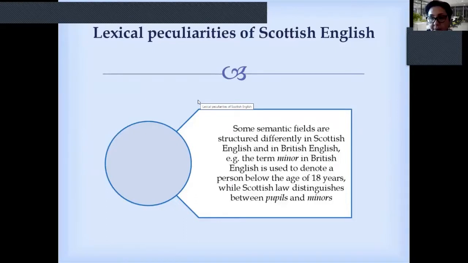Minor gives the meaning of teenager, who are mostly under 18 years. While Scottish law distinguishes between pupils and minors. They see the differences. That's why they use two words, pupils and minors.